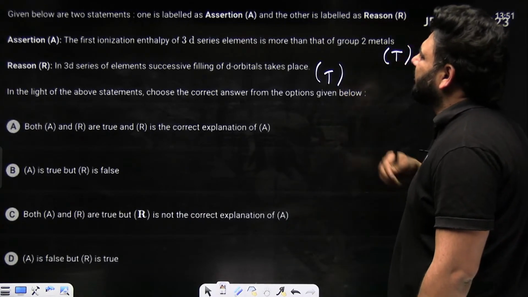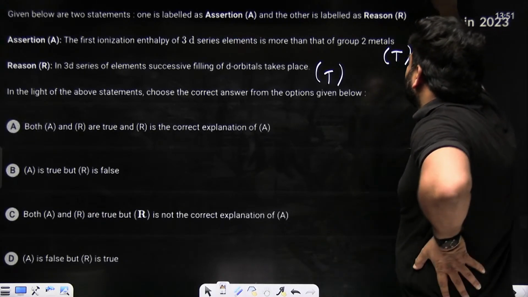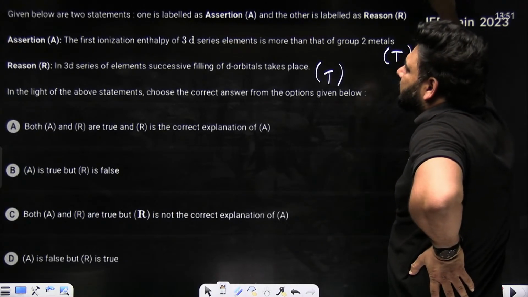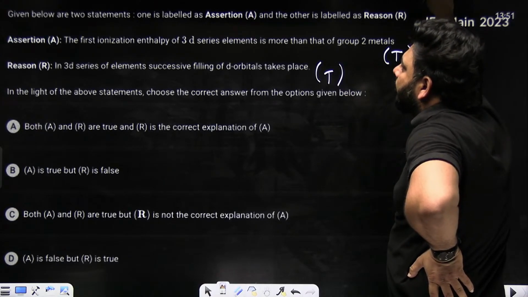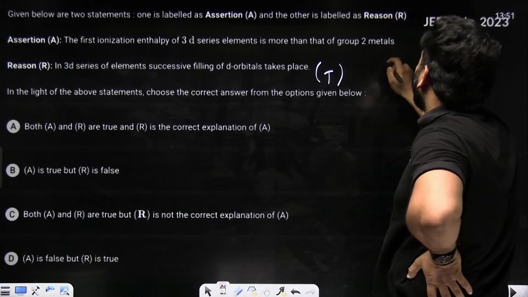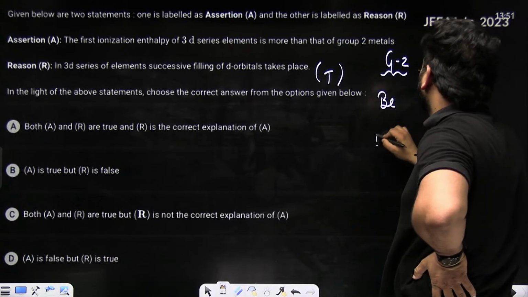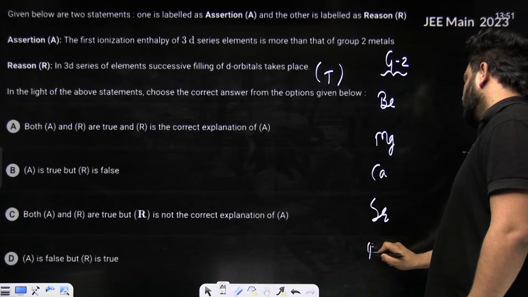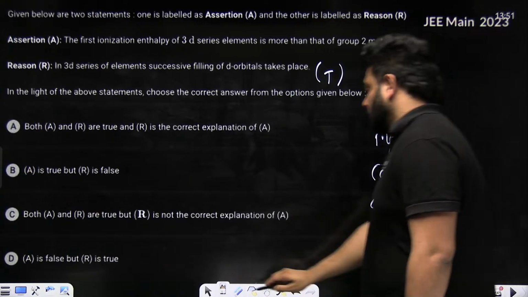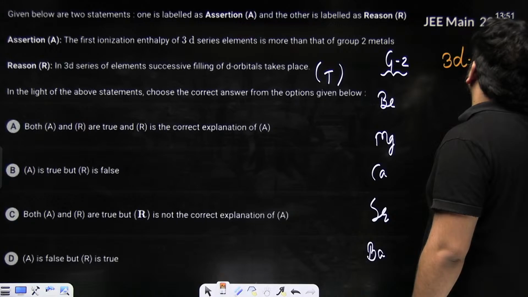First ionization enthalpy of 3d series is more than that of group 2 metals. What are group 2 metals? The group 2 metals are beryllium, magnesium, calcium. Who are 3d series members?